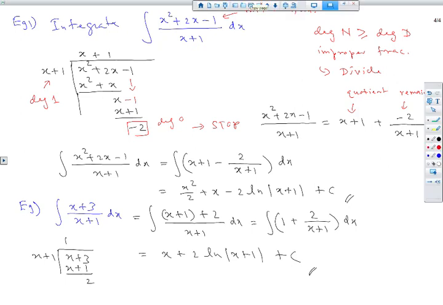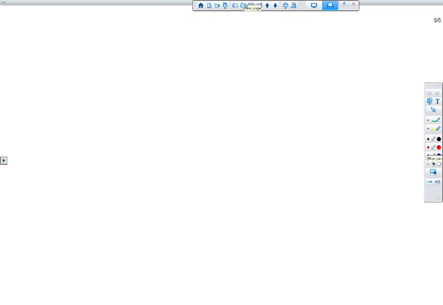So the next one, let's do this one. So next example, integrate 5x minus 3 over x plus 1 times x minus 3 dx.